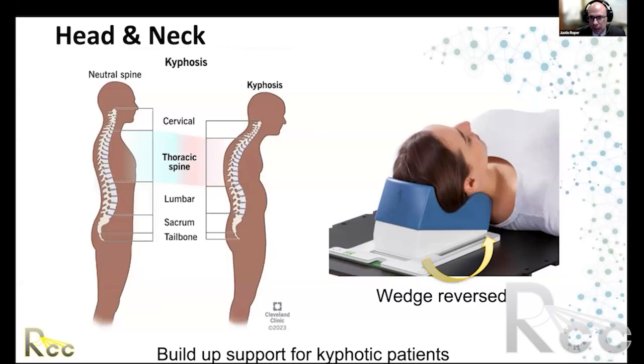Typically, the toe of this wedge would point towards the patient's vertex of their skull as opposed to their chin or their body. But in this instance, we have flipped it around such that we can better match the curvature of the neck on a kyphotic patient. Next slide, please.